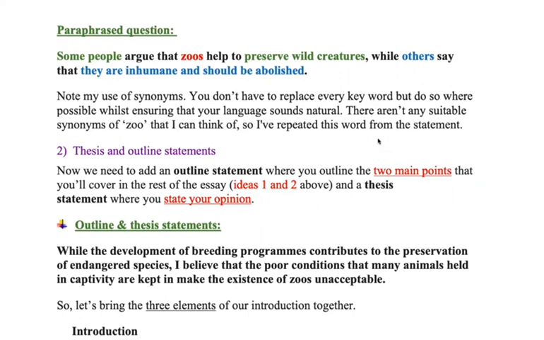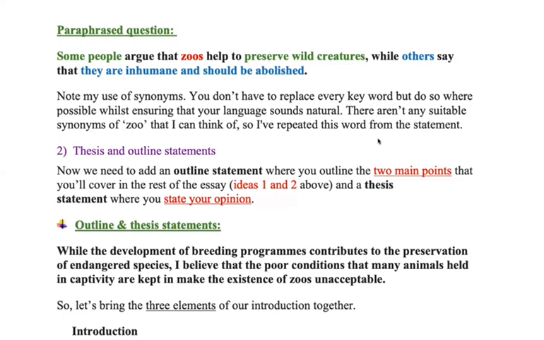So here, what the writer says here? He has paraphrased the question. He says some people argue that zoos help preserve wild creatures, while others say they are inhumane and should be abolished.